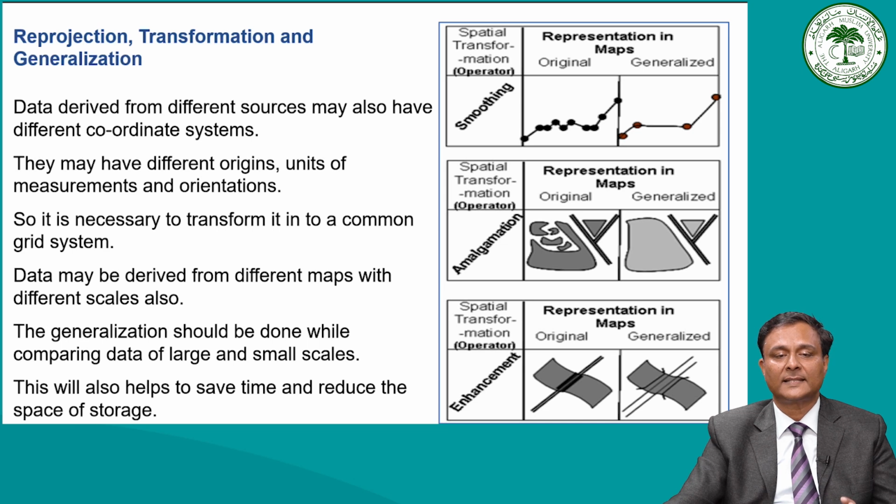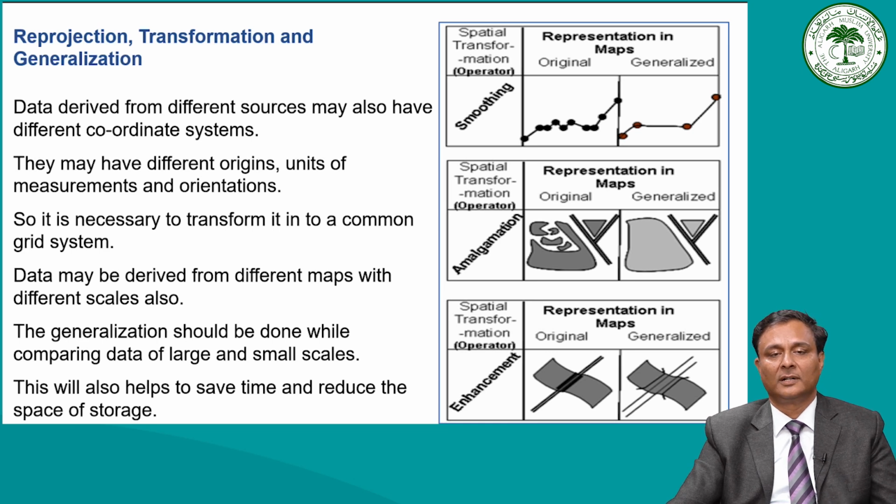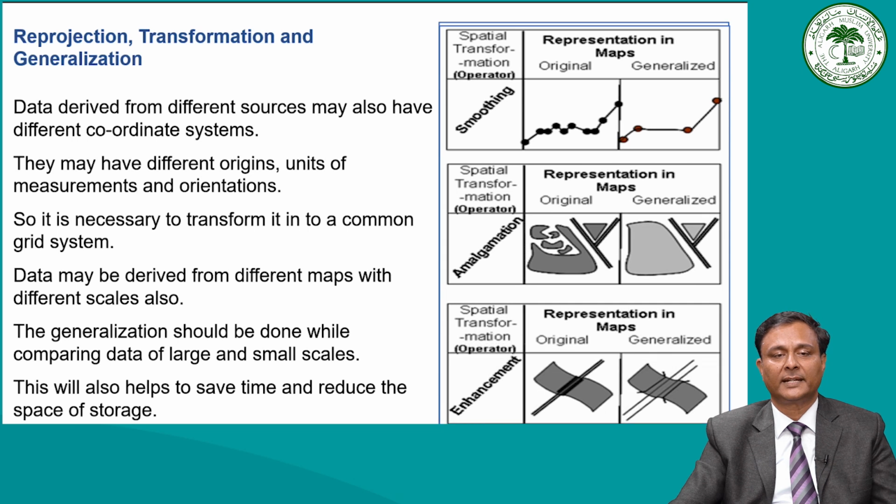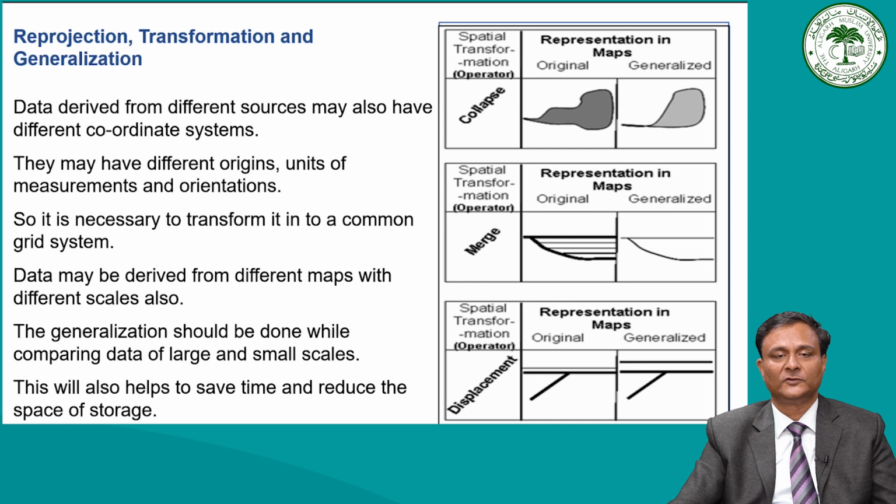So these are some important generalization errors which come. You see some other examples. For example, collapse. For example, merge. For example, displacement. Now, displacement would be to magnify the information. So these are important ways of generalization.